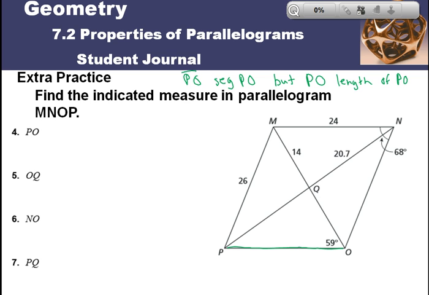And right up here it's MN. And the good news is we already know how long side MN is. So MN is 24. So that means that PO is also going to be 24. Okay, great.